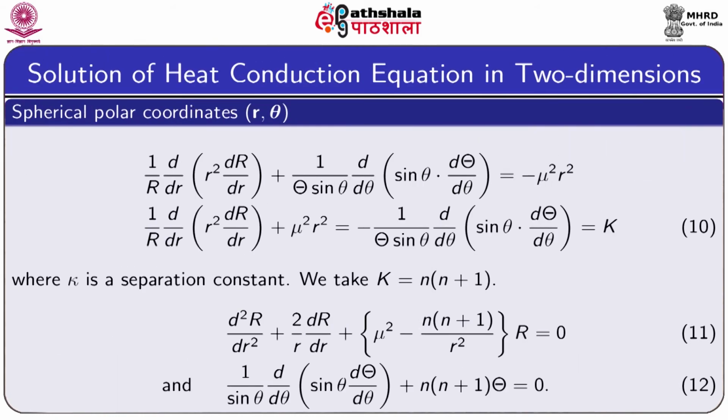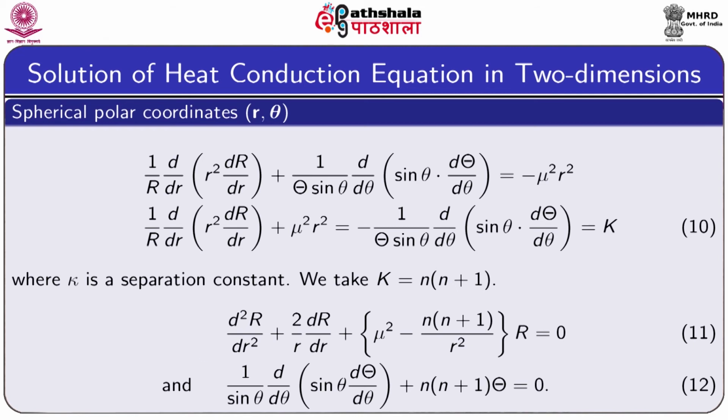Now our next aim is to separate the variables capital R and capital Θ. For that purpose we separate them in equation number 10, and we assume the separation constant as k, and we take the value of k as n into n plus 1. Now the equations in capital R and capital Θ are written in equation number 11 and equation number 12.